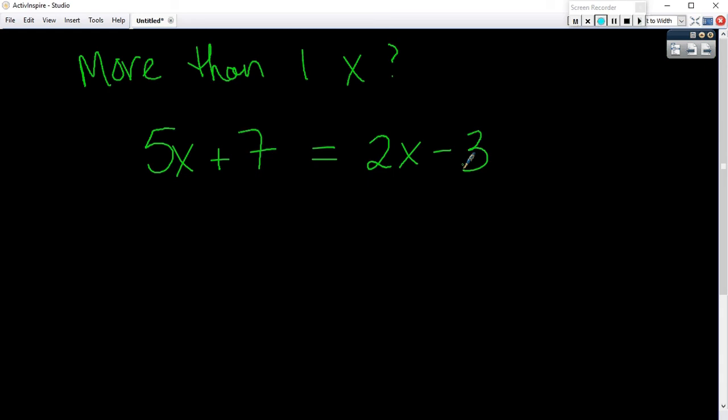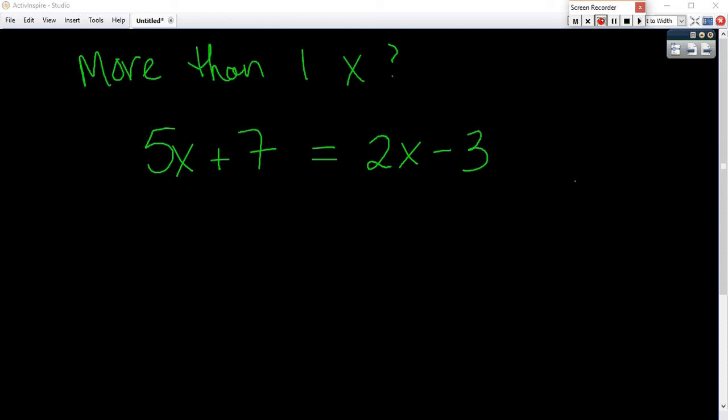I can't just start SAD mapping because there's 2 x's. So what do I need to do? Get the x's together.